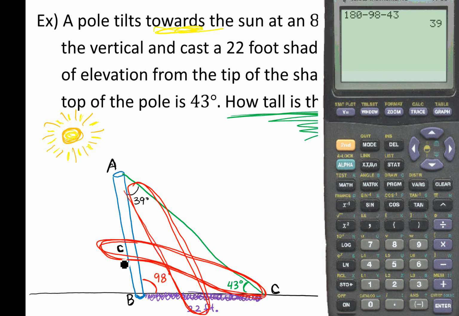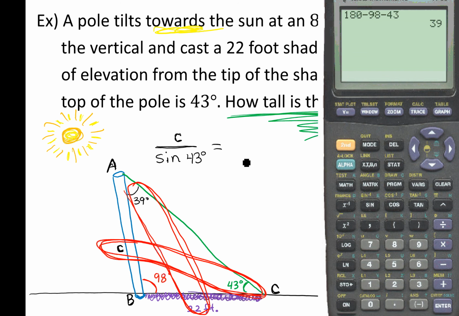So I'm going to start with side C, because that's what I need to find, because that's the length of the pole, or how tall is the pole. So I'm going to start with side C over sine, not side, but sine of angle C, which is 43 degrees.